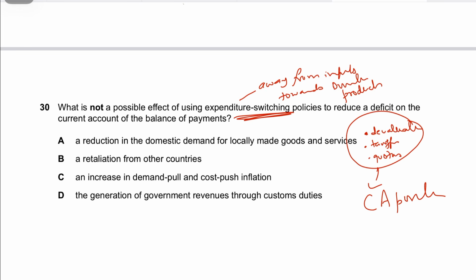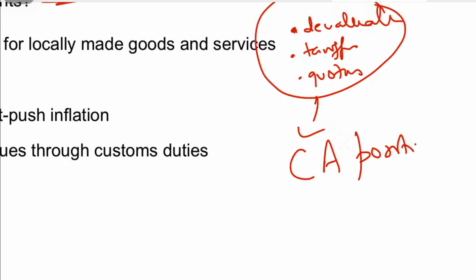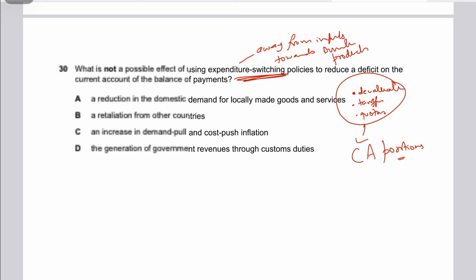So what happens after expenditure switching policy? Obviously, consumers would buy fewer imports and they would buy more domestic products. So demand for domestic goods rises, and the demand for domestic goods will not fall, it will actually rise. So this means that option A is not going to happen. It says a reduction in domestic demand for locally made goods. Demand for domestic goods has to rise.